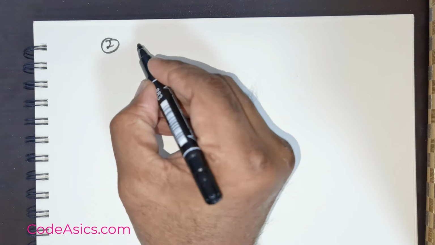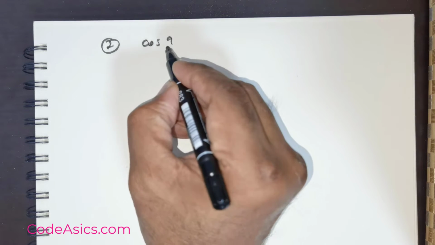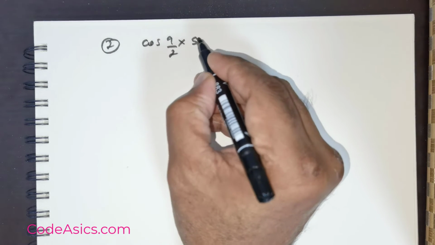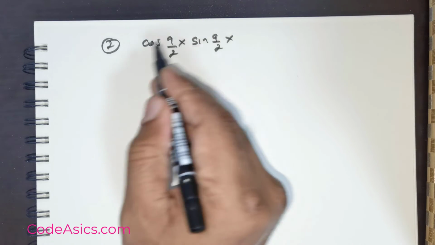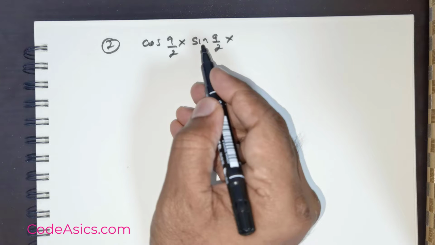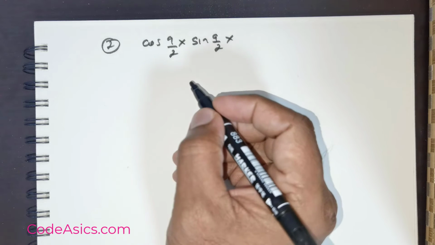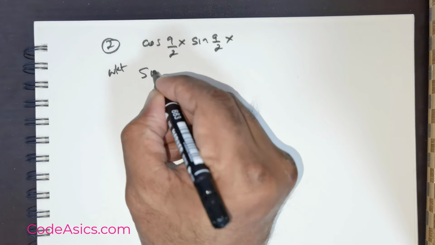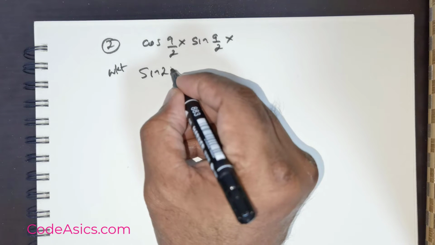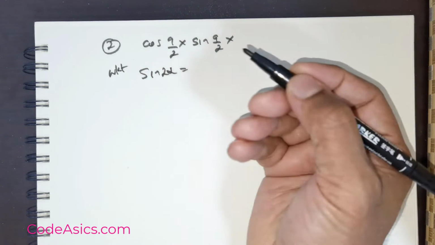We have been given cos of 9 over 2 times x times sine of 9 over 2 times x. Whenever you have a product of sine and cos, you can use the popular sine 2 alpha formula, or sine 2 theta.